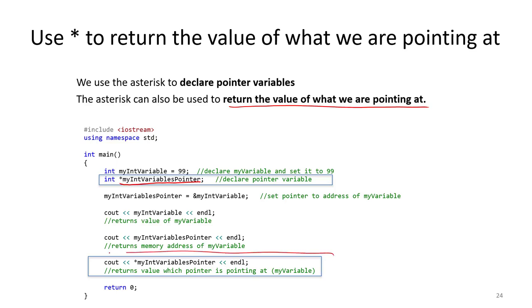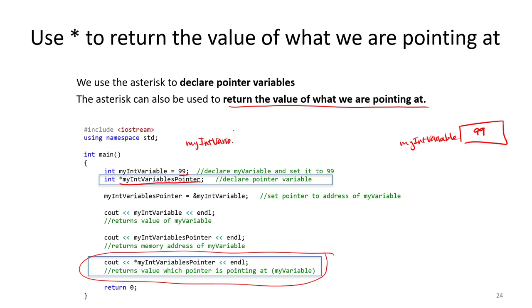So for example, here if I have my int variable, which I have initialized to contain the number 99, and if I have my int variable's pointer, which is currently holding the memory address of my int variable, we can say that my int variable's pointer is pointing at my int variable.